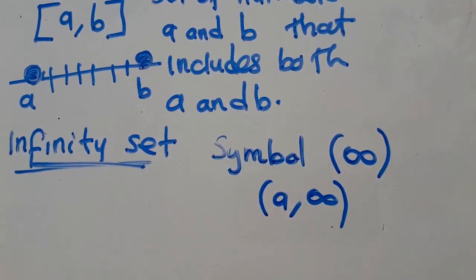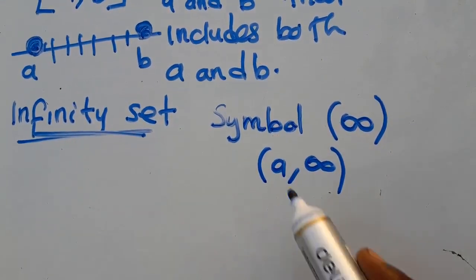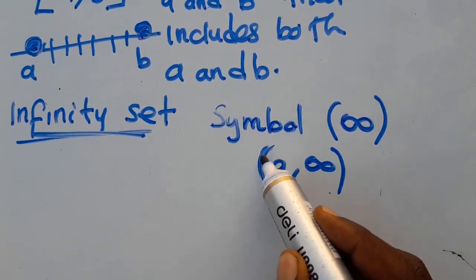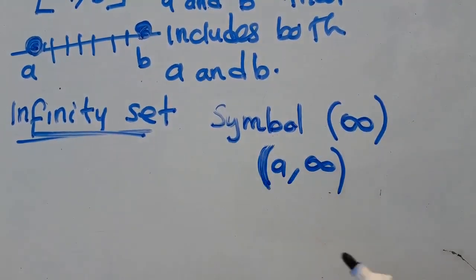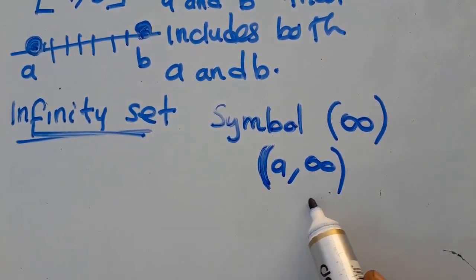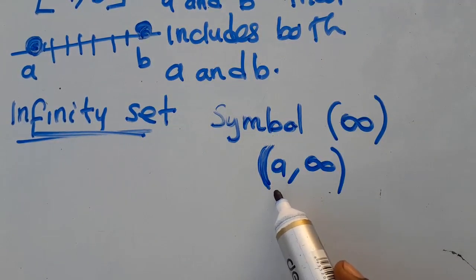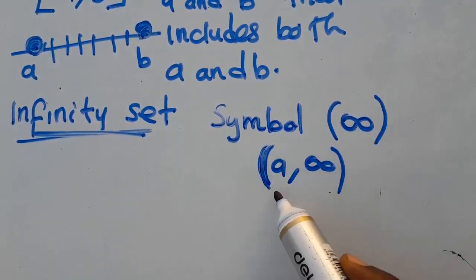The symbol at A here, we define this. Whenever you see this, you tell the person that this is a set of numbers from A to infinity, not including A. A is not included.